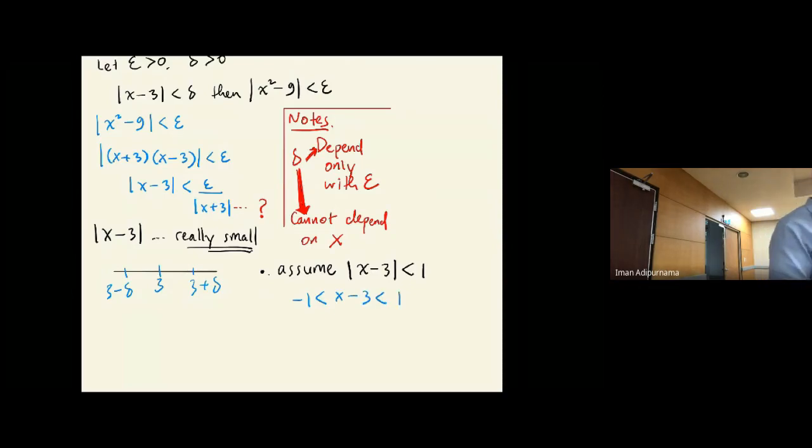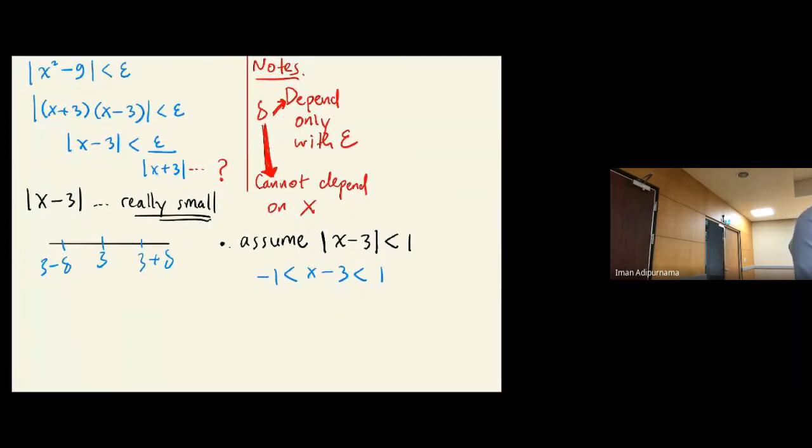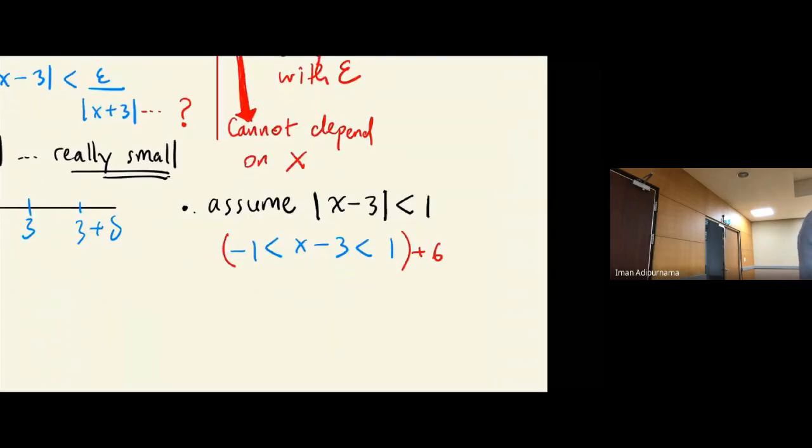So you can solve this by adding 6 to all the numbers here, because I want to make x plus 3 from x minus 3. So this becomes 5 less than x plus 3 less than 7.